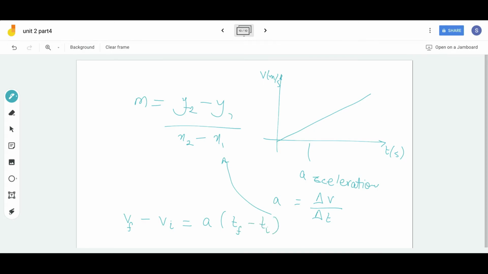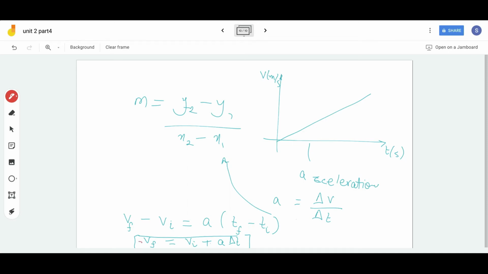And we can then rearrange this to look like this, that Vf is equal to Vi plus A delta t.